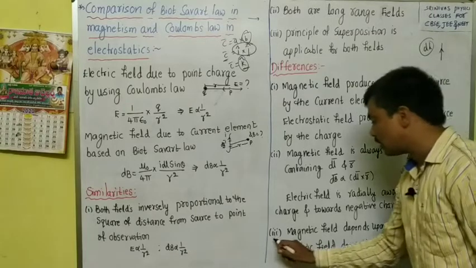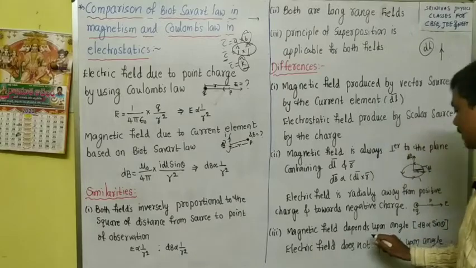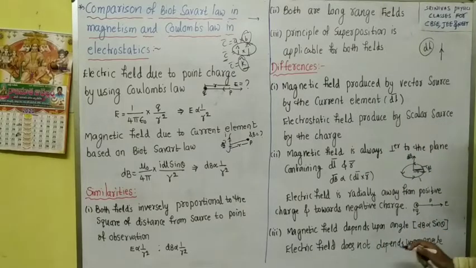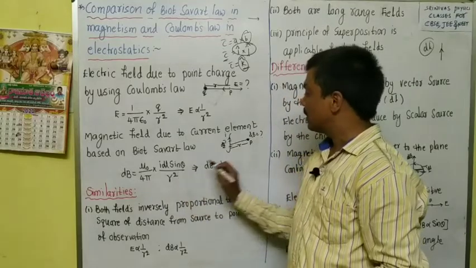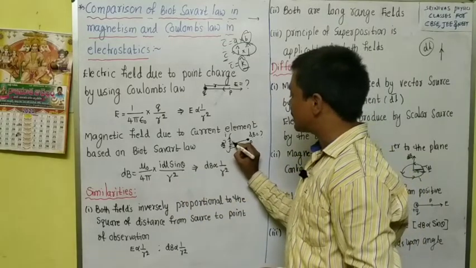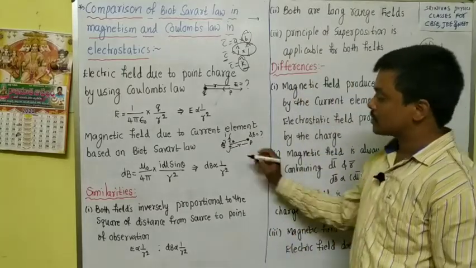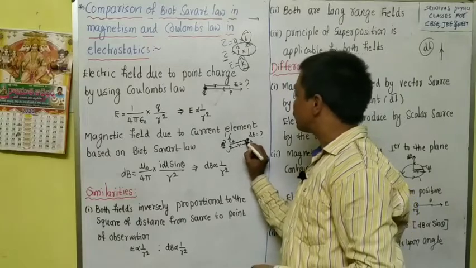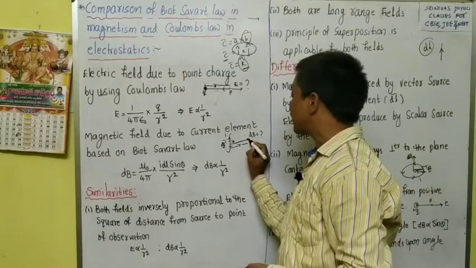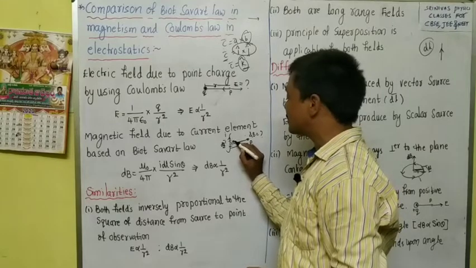And the next, third difference is that the magnetic field depends upon the angle. In this formula you see the magnetic field depends upon the angle. Angle theta is the angle between the element and r. dl is the small element on the wire. r is the distance from the element to point P, where we are finding the magnetic induction, and the angle between dl and r is theta.